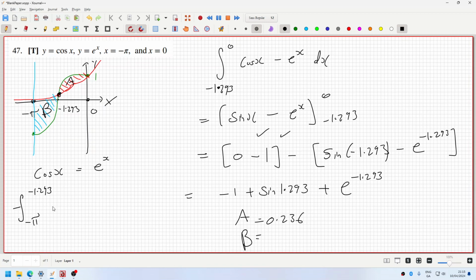So it would be sine minus 1.293 minus e to the power minus 1.293. So that's like minus 1.23610, etc.